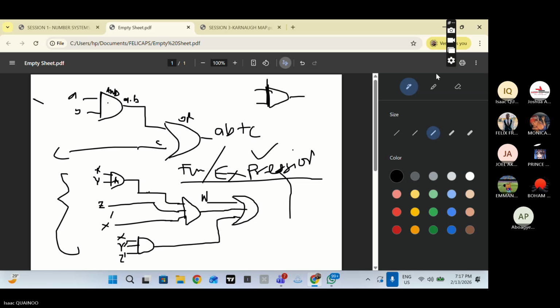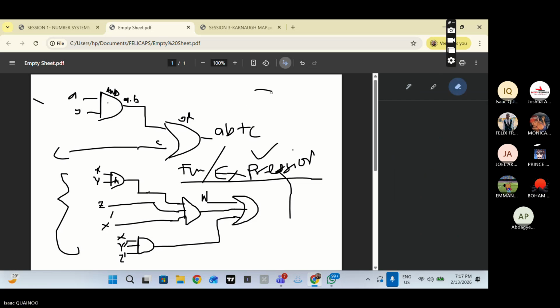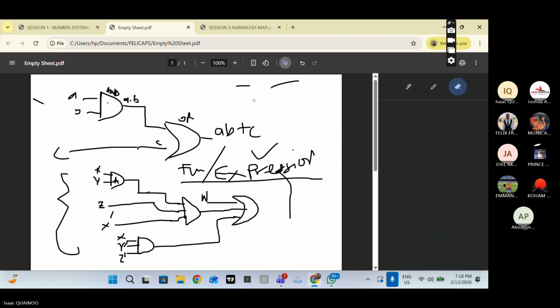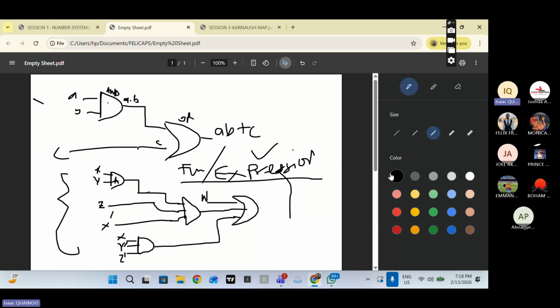Okay. So let me erase that. And then we said that for OR gates, it's something like this. This side is a little bit curved, right? And then it takes at least two inputs, returns an output also. And then we said that a NOT gate is a buffer gate, right?